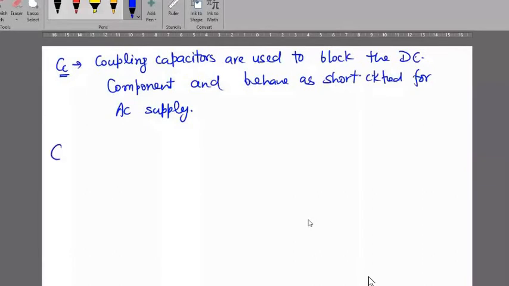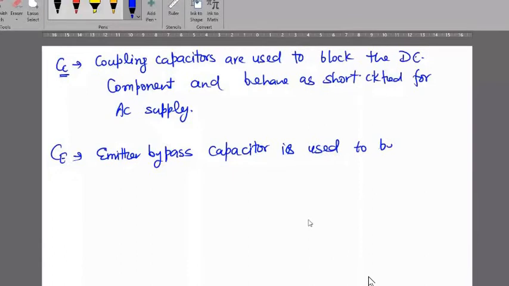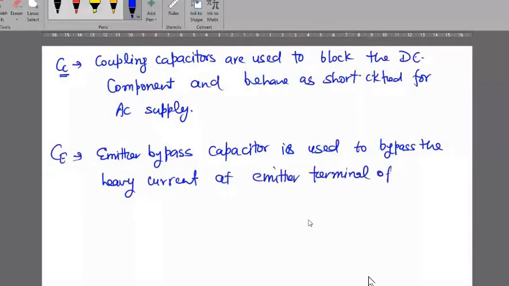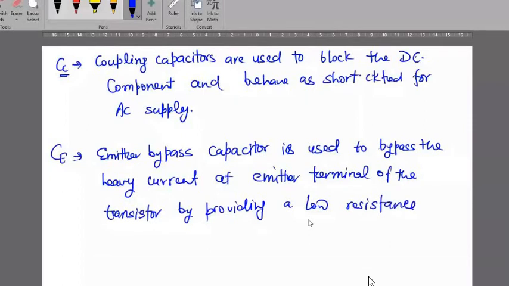This is the use of the emitter bypass capacitor. The emitter bypass capacitor is used to bypass the heavy current at the emitter terminal of the transistor by providing a low resistance path through it.